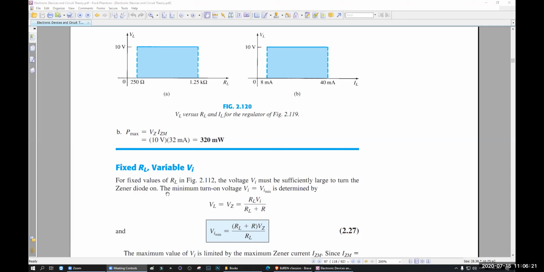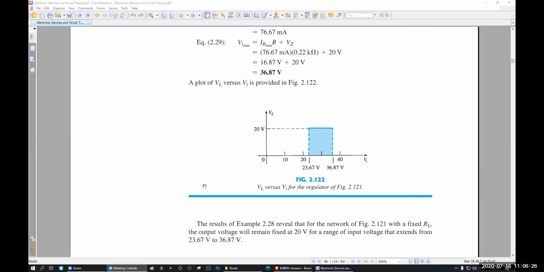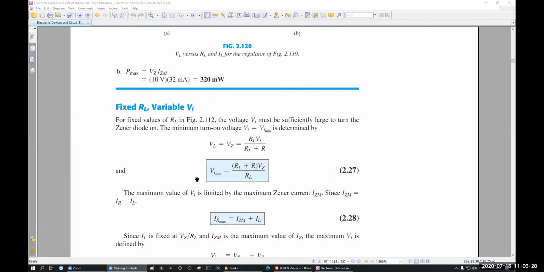Next one will be fixed RL and variable VI. But before that, let's do one example. What is the page number?